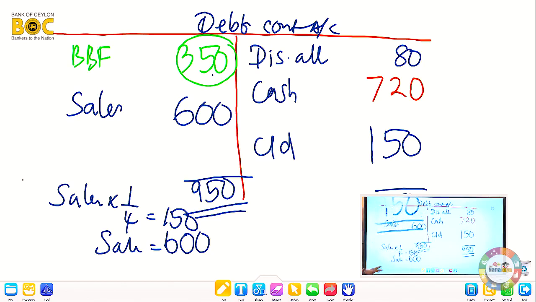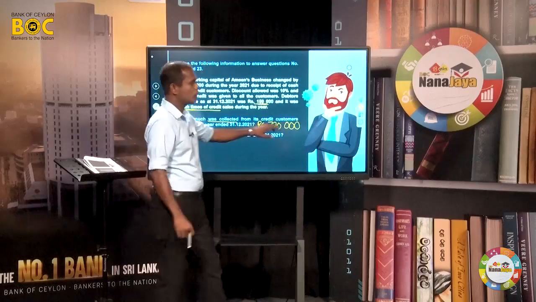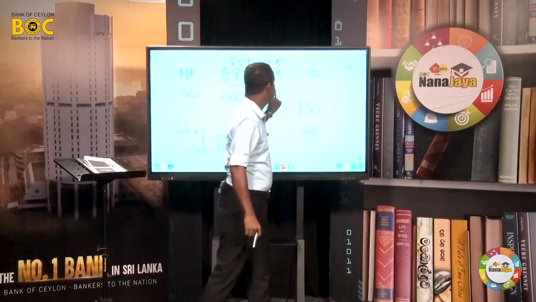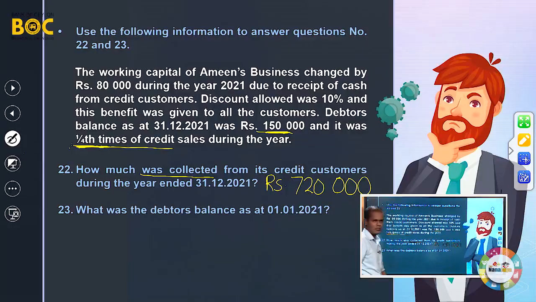Balance brought forward 350,000. Now the answer for question number 23: how much is the balance? 350,000 rupees.